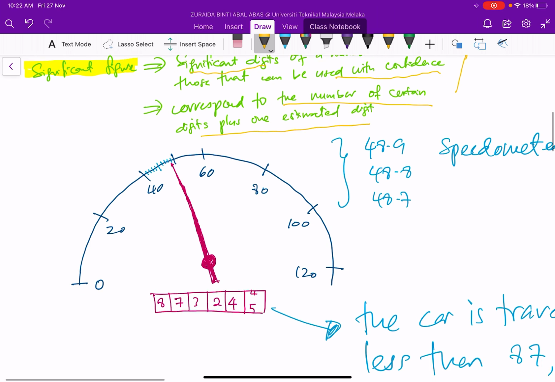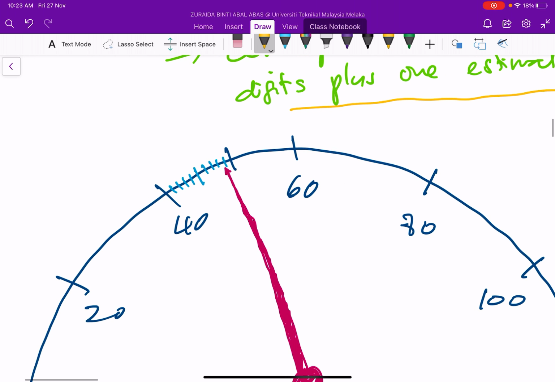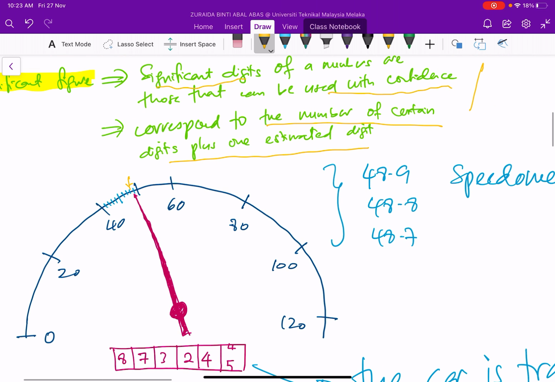Say for example, you have a speedometer like this. The car is traveling at about 48 to 49, but it is not yet 49, but you are sure that it is traveling at 48 at least. It could be 48.9, 48.8, or 48.7.